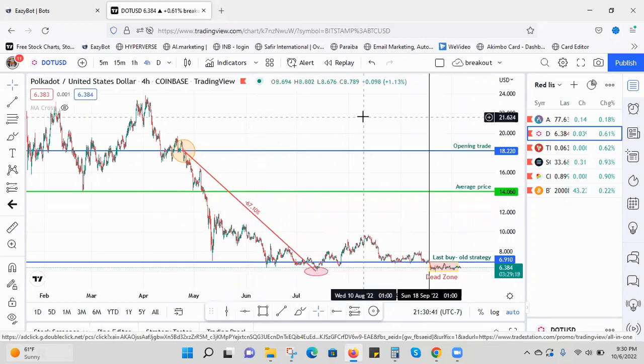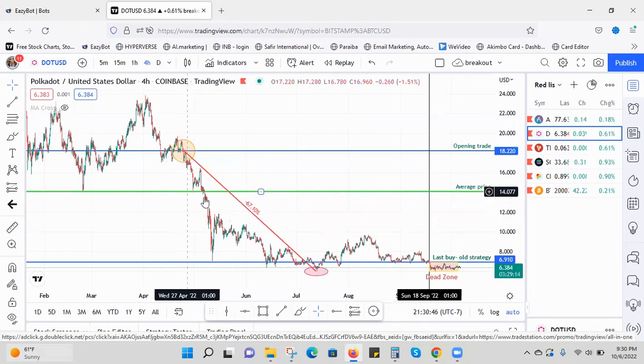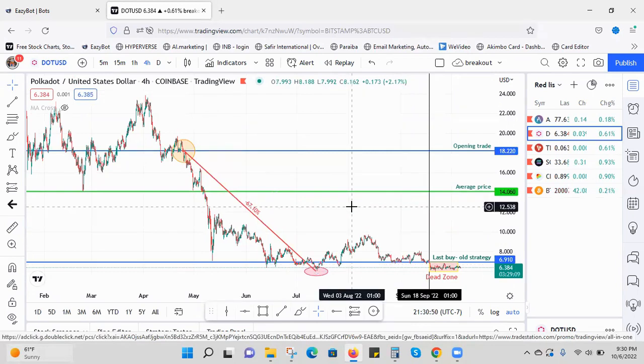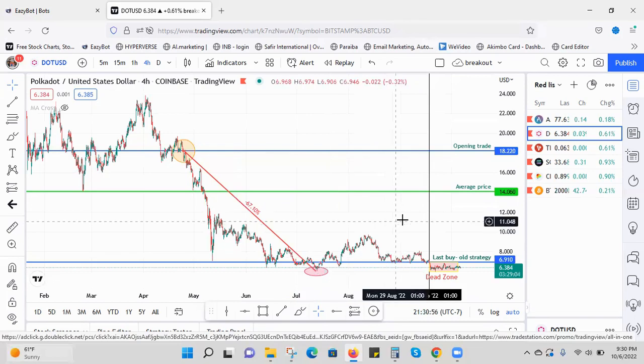So a huge drop has happened here. And the bot has done well, trading in and out with that original $697 that we allocated for this coin to trade with.